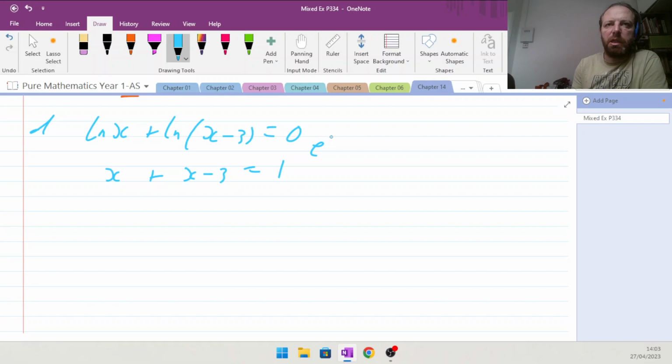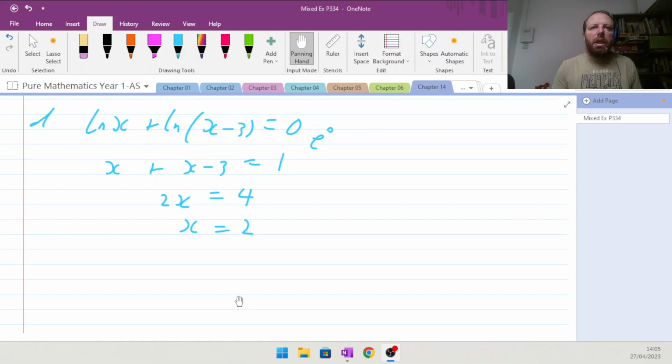Okay, that was e to the 0, and anything to the 0 is 1. So we end up with 2x minus 3, which we'll bring over there, is equal to 4, because it becomes a plus 3 with the 1. So x is equal to 2.